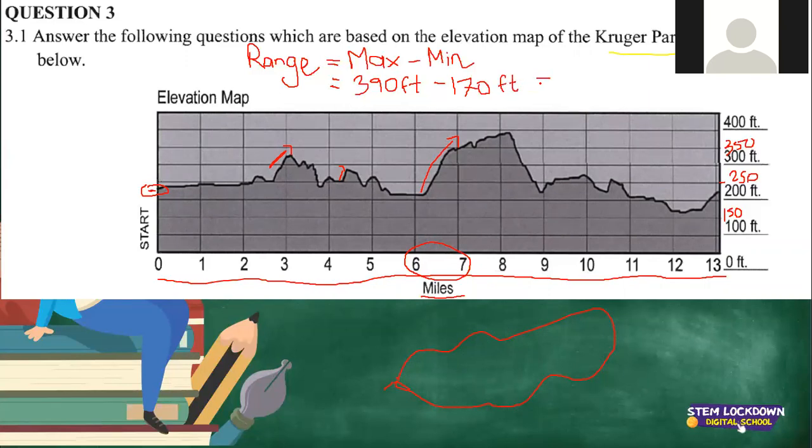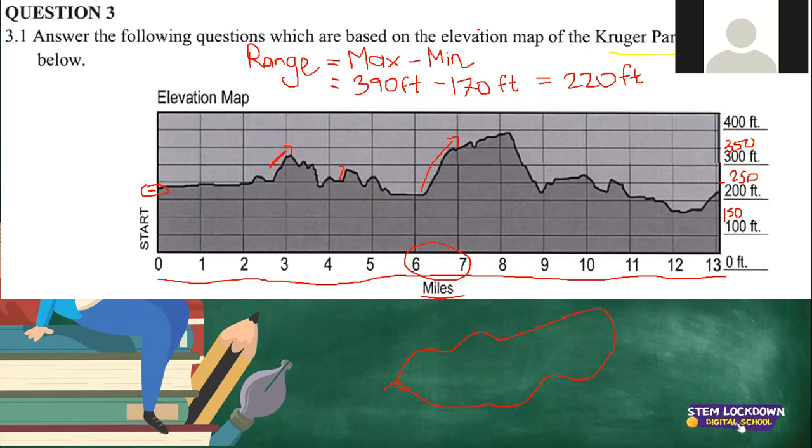So your answer may not be exactly my answer. So my calculator, my answer would be 390 less 170, right? So it's 220 feet, right? 220 feet.